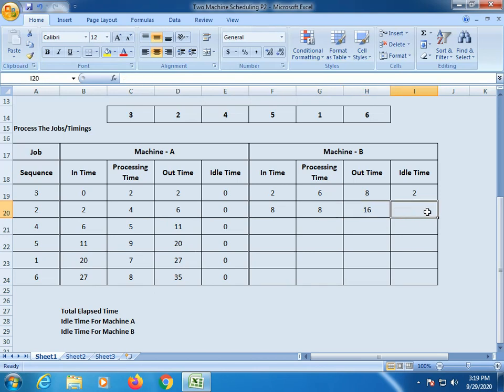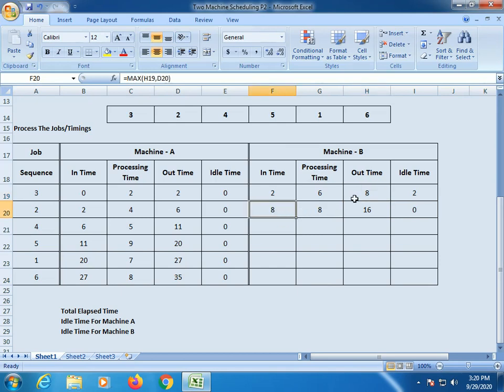Then what about the idle time? Here we have to calculate the idle time: the in time minus the out time of the same machine. We are calculating the idle time for machine B. It is 0, because the previous job out time is 8 and the present job in time is 8.